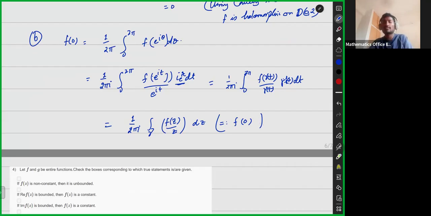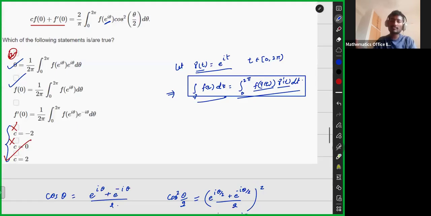So we calculated in reverse. We just want to show what the right hand side is. We started with the RHS and we are getting f of 0. So option B is also correct.